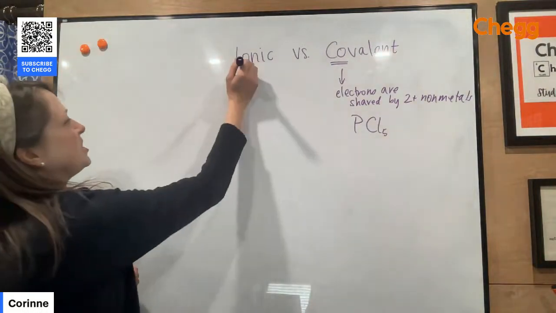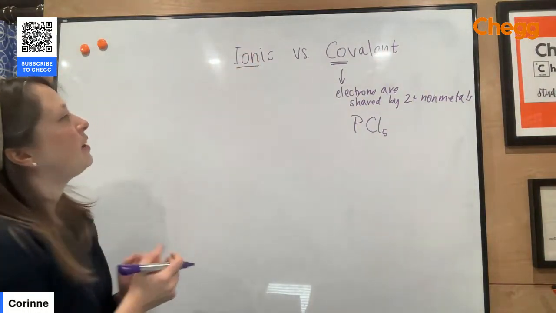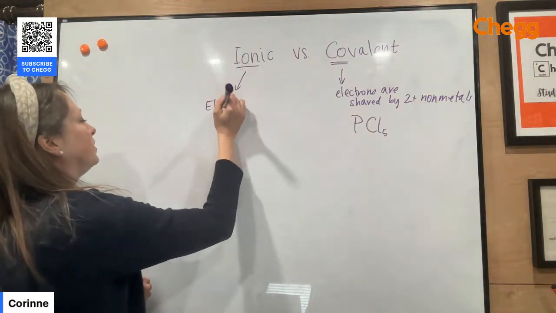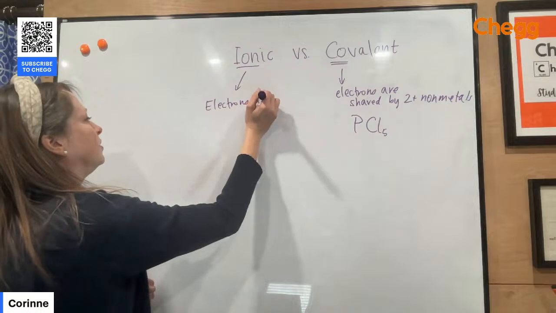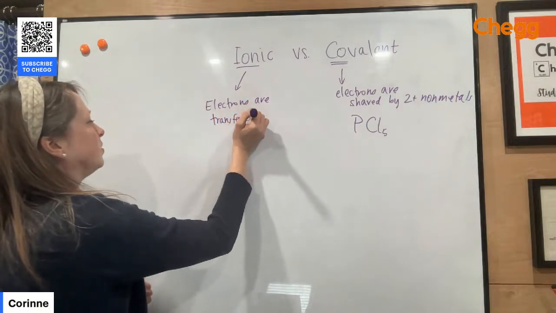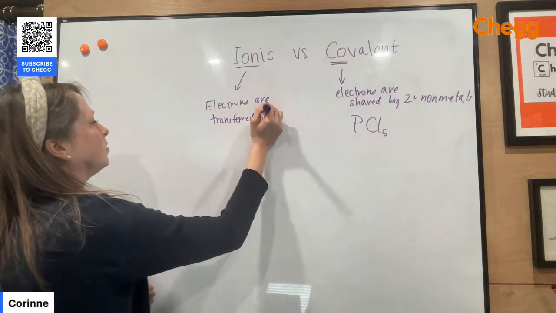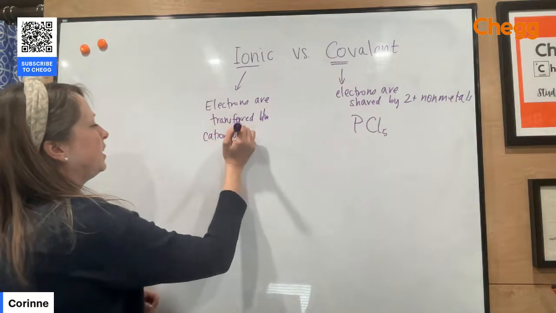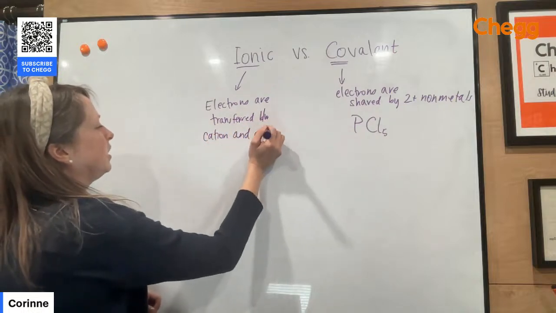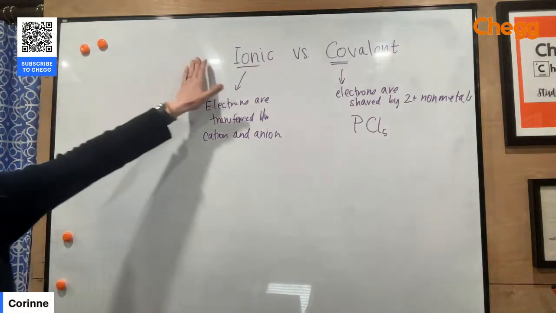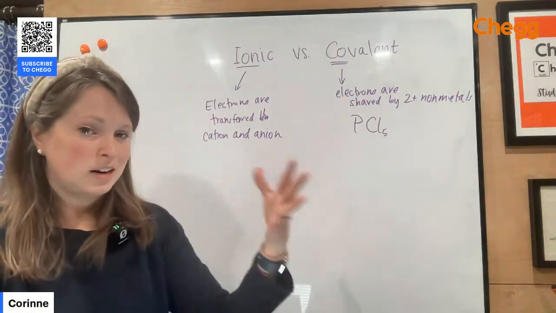Versus an ionic bond. In an ionic bond, you're going to have ions, so electrons are transferred between a cation and an anion. A lot of teachers will tell you that for ionic bonds, you have just a metal and a nonmetal.